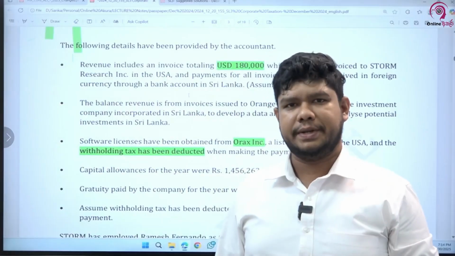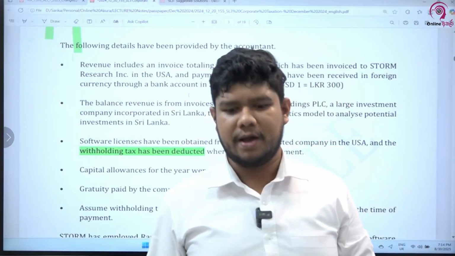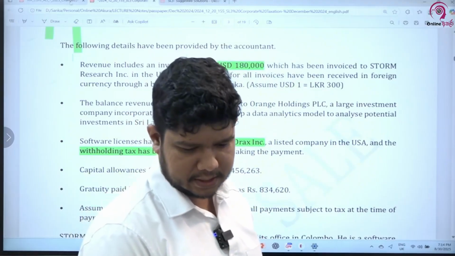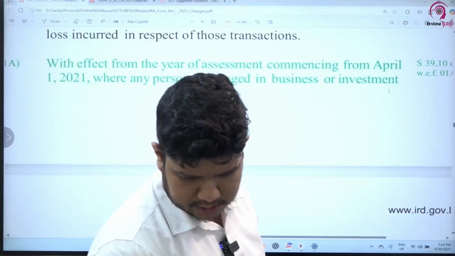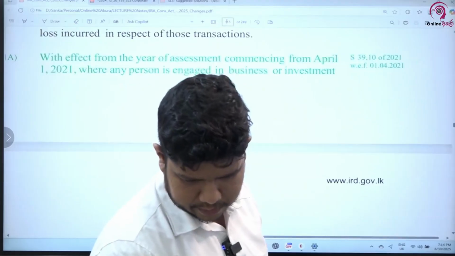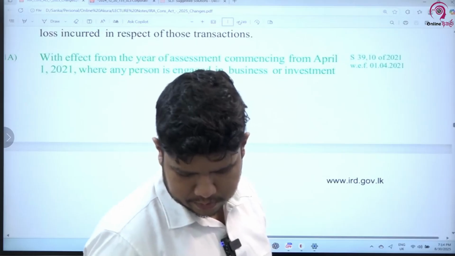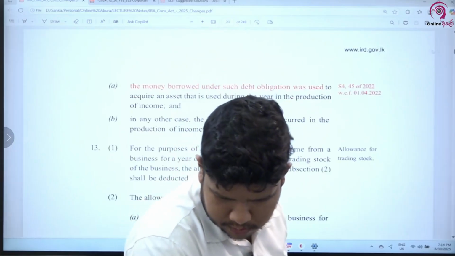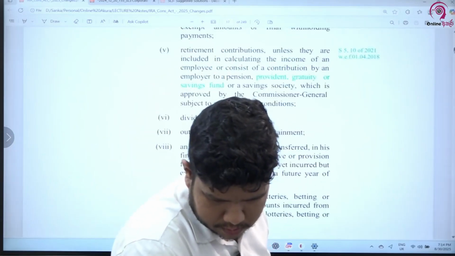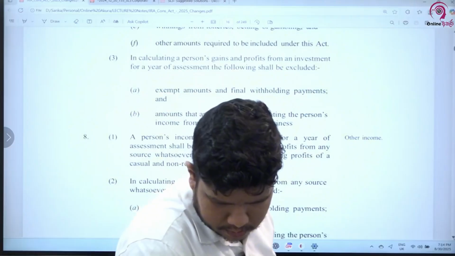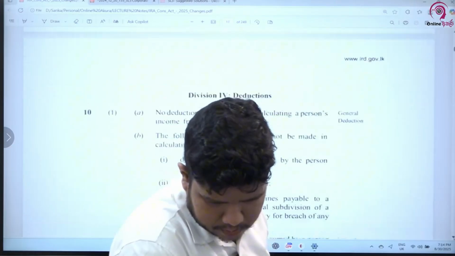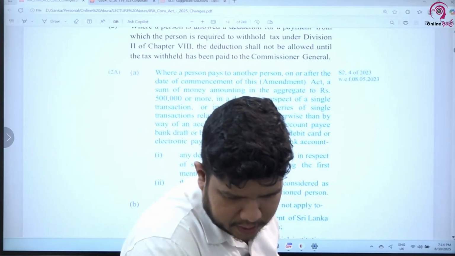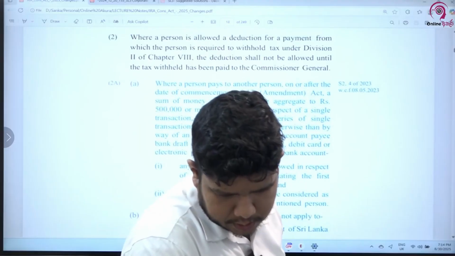Now another section being tested, right? See how many sections are being tested from one computation. Let's see. Section 10. I'll explain each one by one, right?